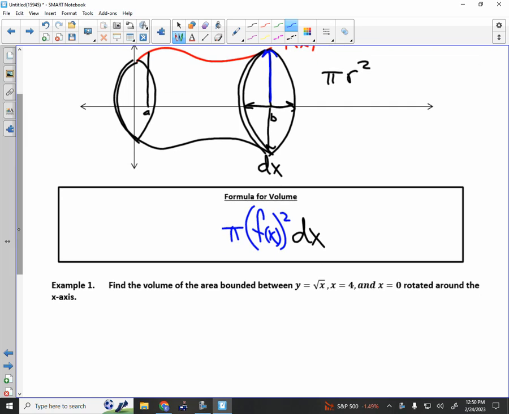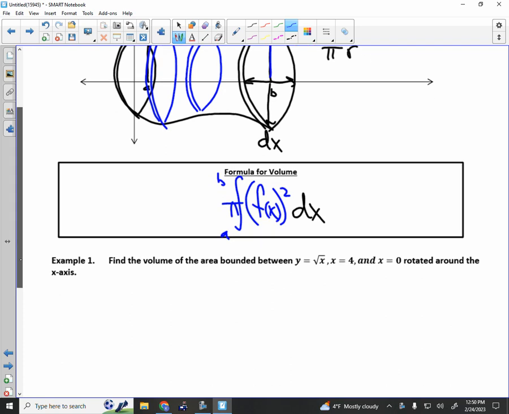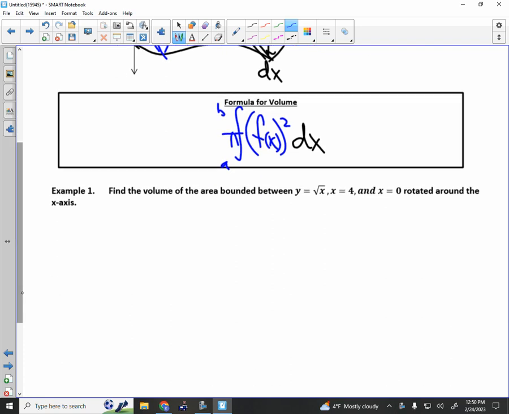We don't want one of these disks. We want how many? We want an infinite number of these disks sitting all throughout here. And so we slap on the integral sign from a to b. You can put the pi wherever you want. No. Nope. We did it last unit too. Doesn't matter.